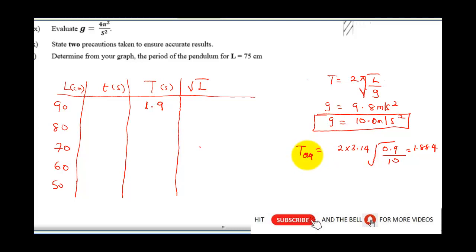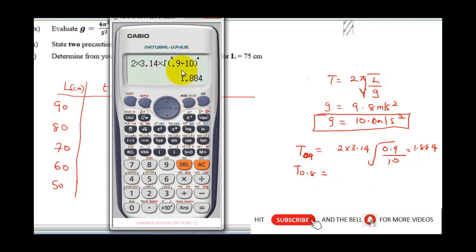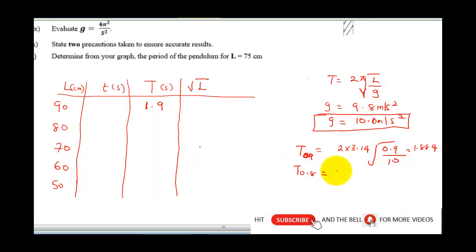Now to do for 0.8, I'll perform the same procedure. I'll just come back here, delete and put 8, and I get 1.776, which is approximately 1.8.